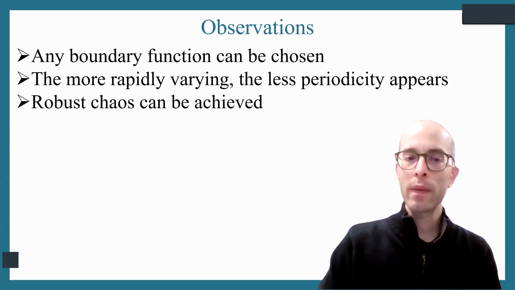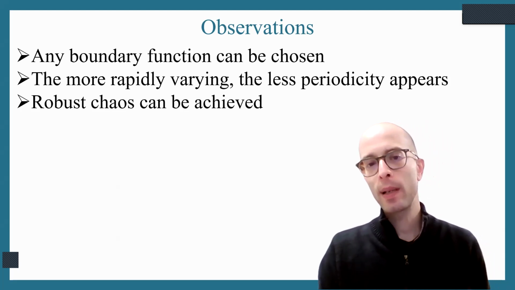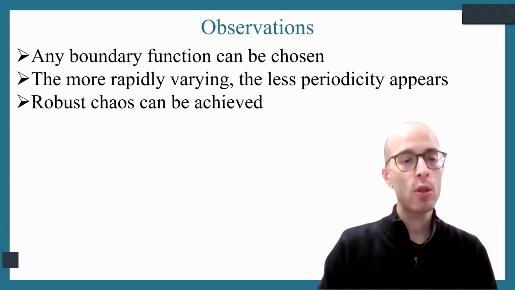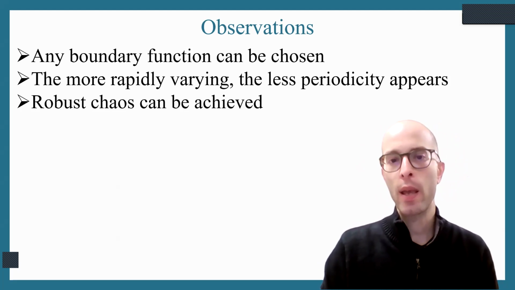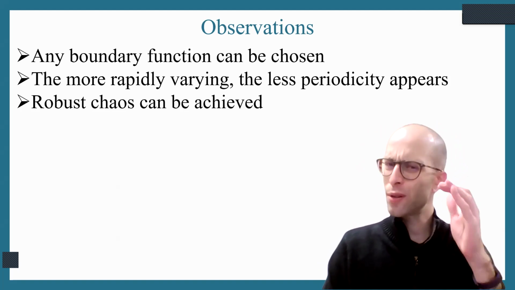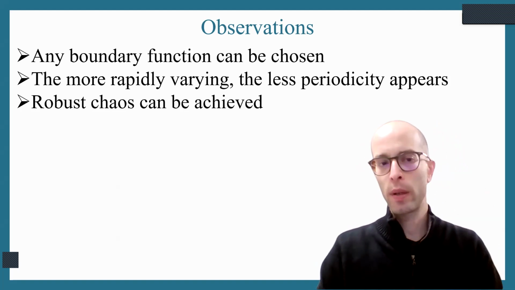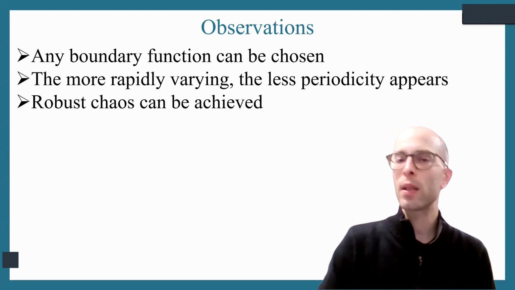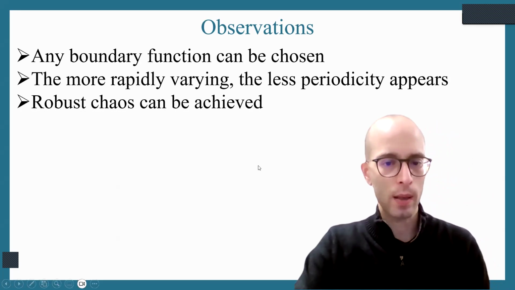We observe that if we have functions that are more rapidly varying, we tend to have less periodicity appearing. We also saw that we have robust chaos that appears in some maps. Of course, we still have periodic regions, but for some smaller ranges, we can still manage to achieve robust chaos, which is a very good result.